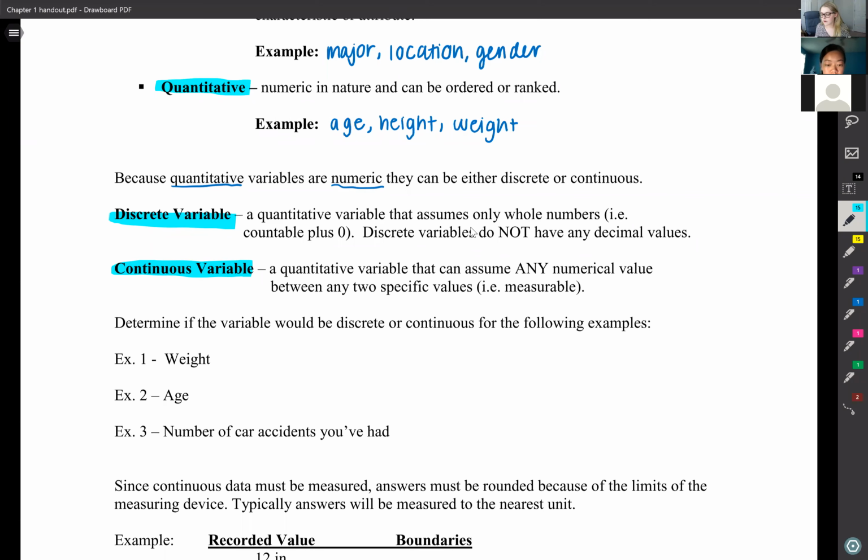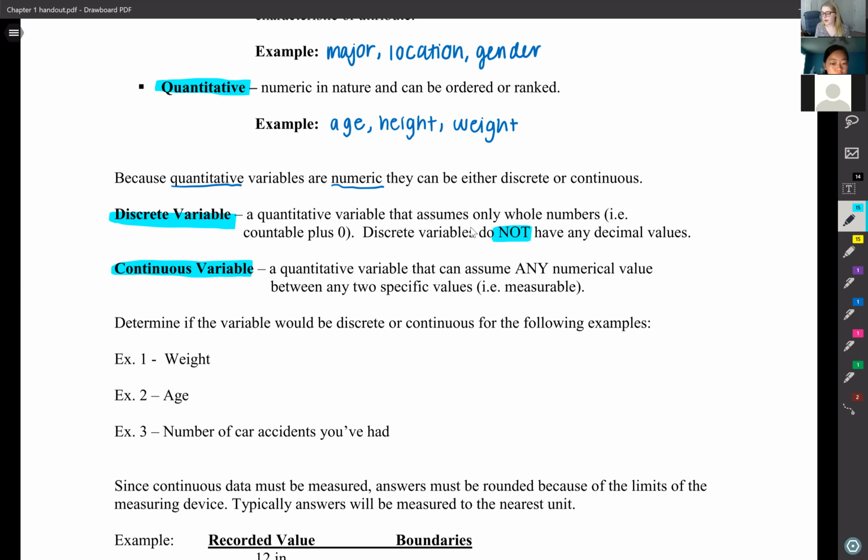So a discrete variable is a quantitative variable that assumes only whole numbers. It has a little note right here that I think is really helpful, that discrete variables do not have any decimal values. Absolutely do not. So discrete variables assume only whole numbers and they don't have any decimal values.